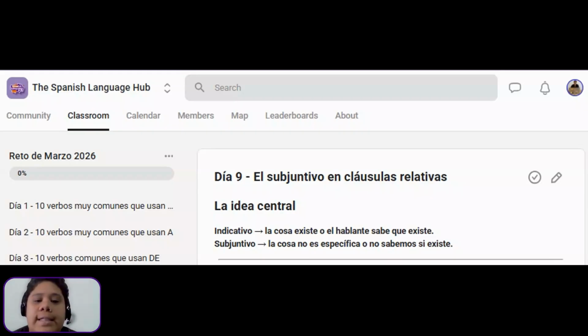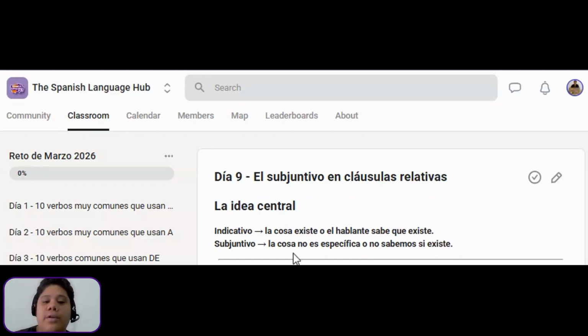First of all, the main idea of today's session is the indicative. Remember that the indicative is everything that is not subjunctive, like present tense, future tense, past tense, etc. So we use the indicative with things that exist, or that the speaker knows exist. So we know that it is real.